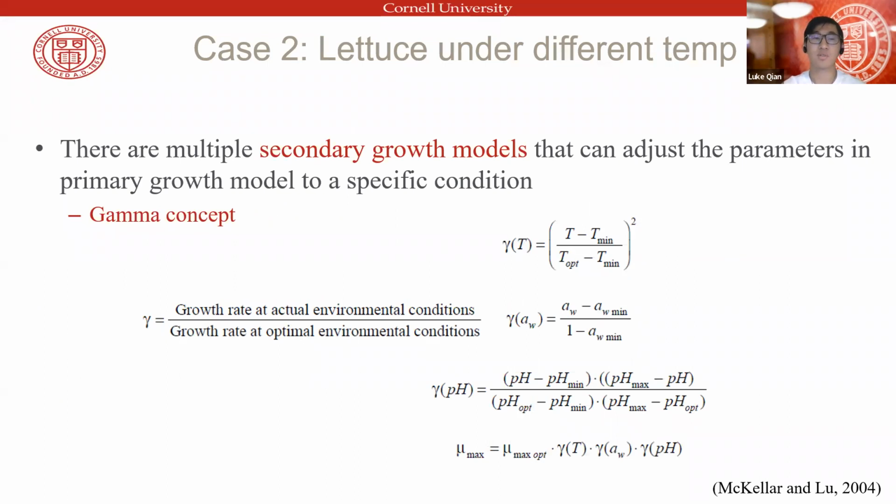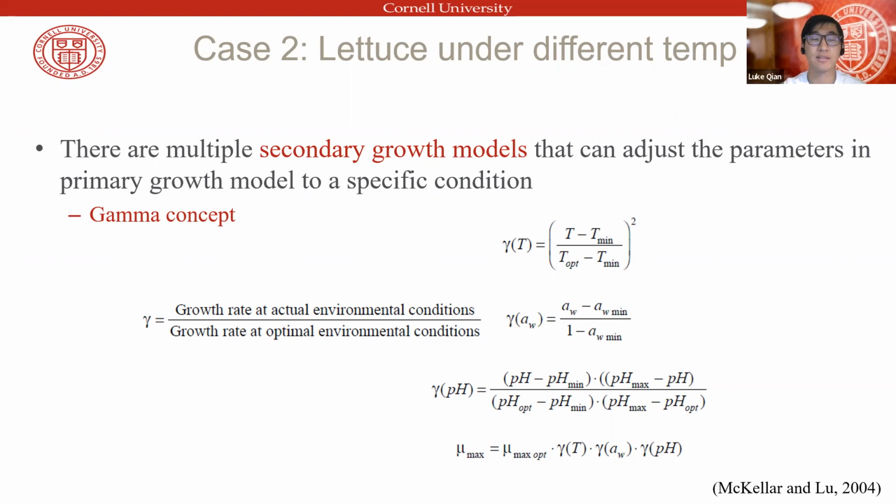So here I just want to showcase one of the different secondary growth models that can adjust parameters in the primary growth model to specific conditions. This is called the gamma concept, and it's fairly easy to understand. Basically, the growth rate at the actual condition will be compared to the growth rate of optimum growth conditions for a single factor.